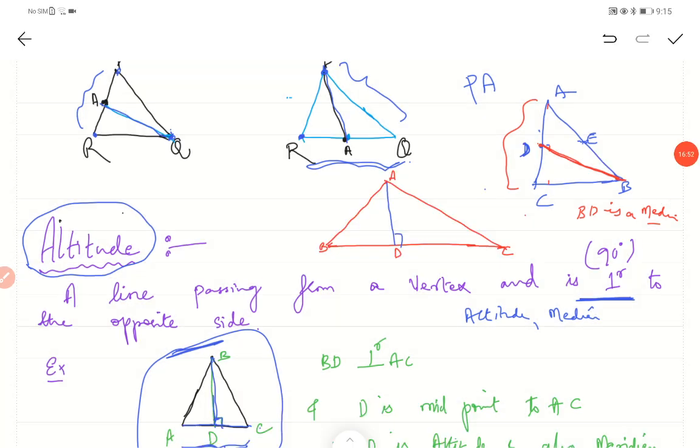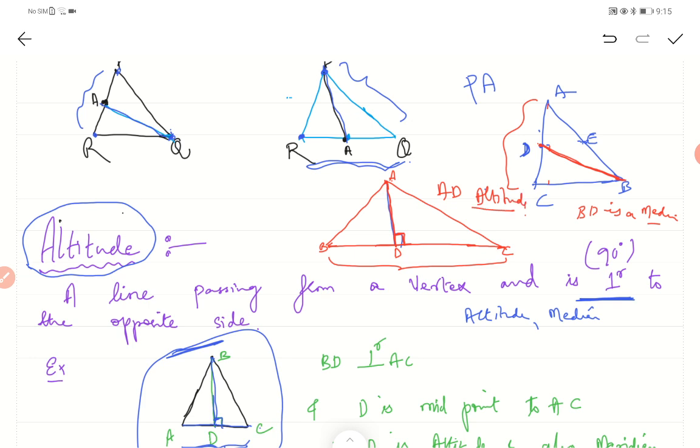In this triangle, now tell me, is AD a median or an altitude? Yes, it is an altitude, because from point A it is coming perpendicular to the opposite side, that is BC. So you call AD an altitude.